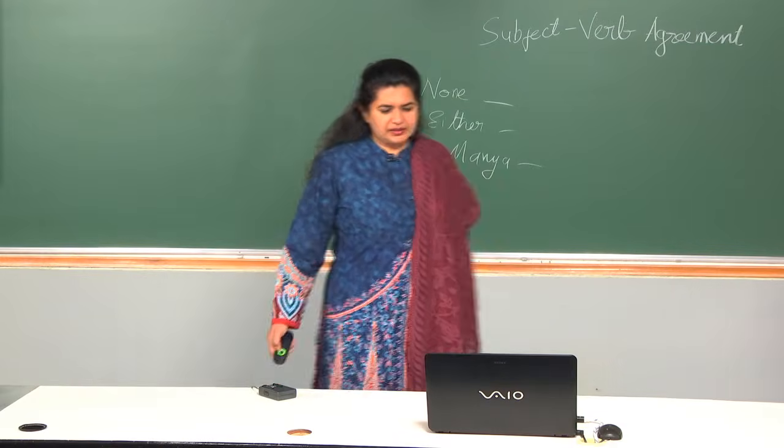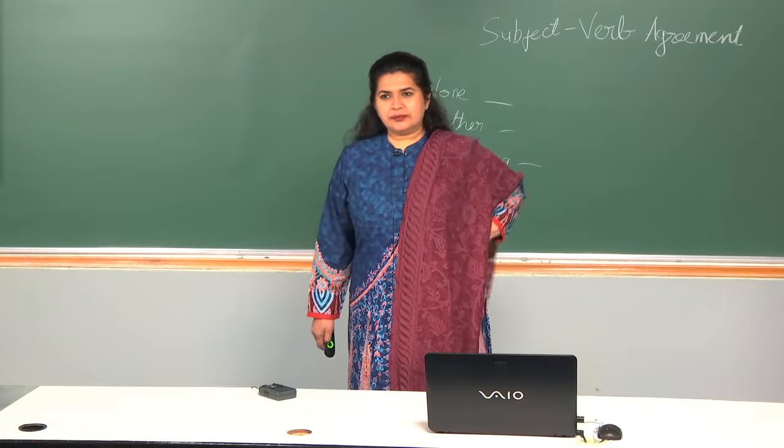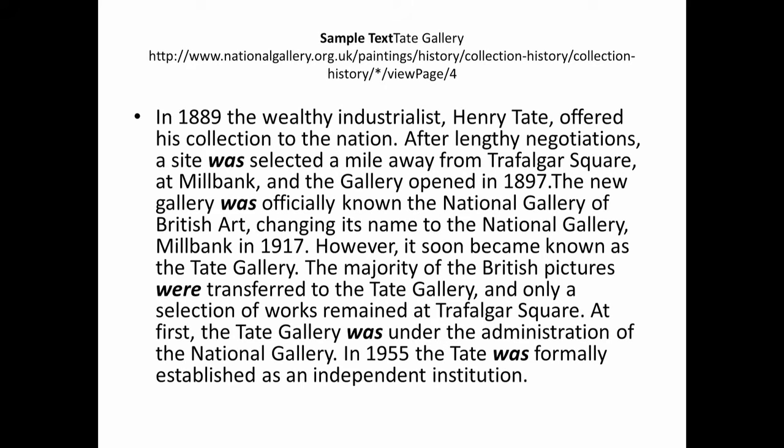Here is a sample text for you. Please look at the slide. Some of the major verbs are highlighted for you. I will read out the passage for you, so get accustomed to the way subject and verb agree. In 1889, the wealthy industrialist Henry Tate offered his collection to the nation.